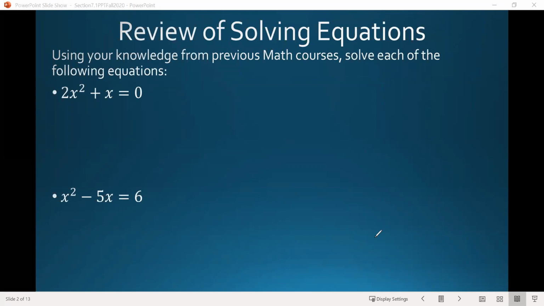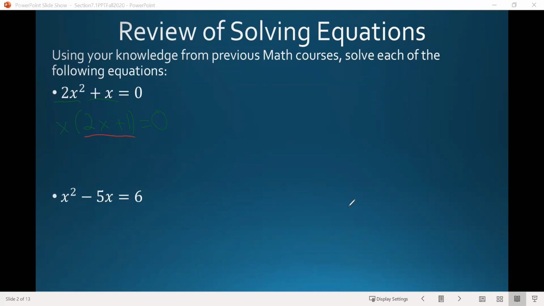The first one we see here is 2x squared plus x equals 0. Because this is a quadratic without a constant term and it's set equal to 0 already, we can solve this by noticing that both terms contain an x, so we can factor out an x as a common term. When we do that, we end up with x times (2x plus 1) equals 0.